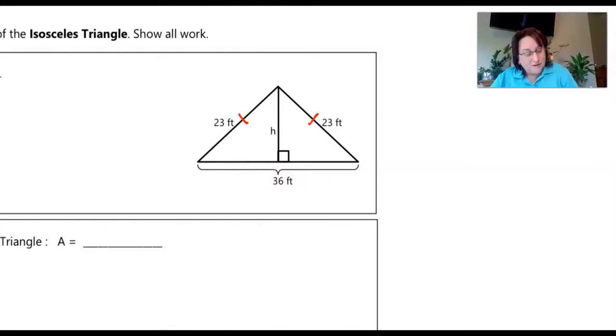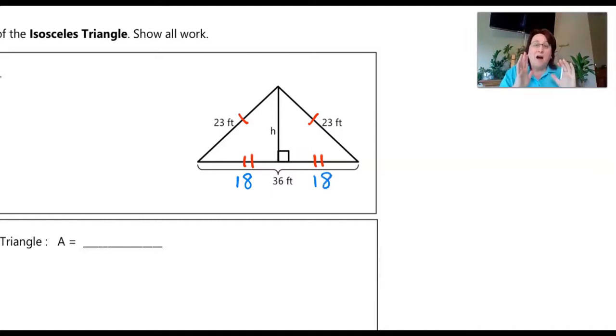All right, hopefully you said, Miss Smith, I remember, this is from Unit 5. The side over here is bisected. So in an isosceles and an equilateral triangle, whenever you have the altitude that comes down from the vertex angle and it's perpendicular to the side, it bisects the side. Oh, so that means that each of these sides is 18 and 18.